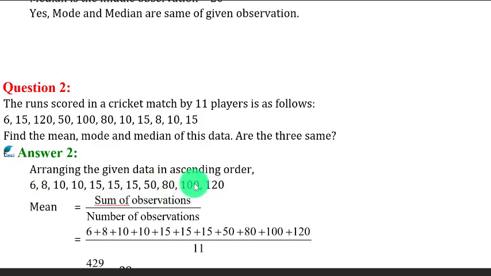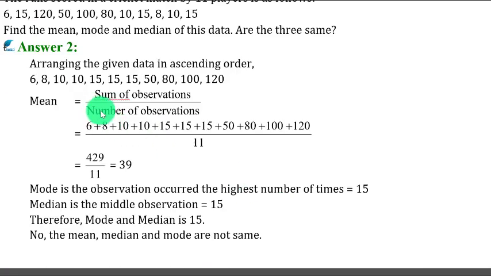So we should take the sum of all. So sum of observations: 6 plus 8 plus 10 plus 10, 15 plus 15 plus 15, 50 plus 80 plus 100 plus 120, divided by the number of observations. Total 11 numbers are there, so the number of observations is 11.